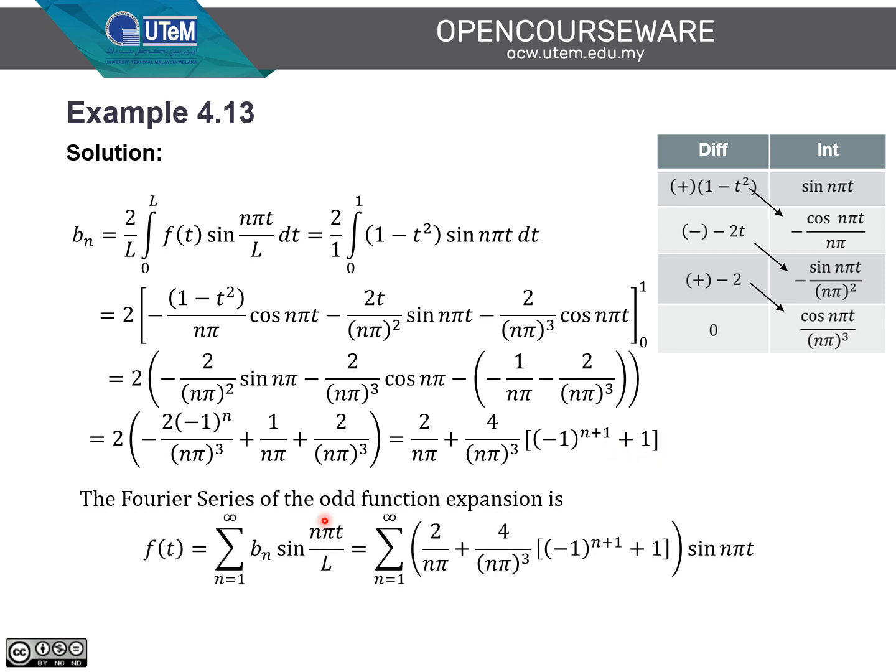Lastly, we substitute the Fourier coefficient bn into the formula and we obtain the solution of f(t) equals the summation of (2 over n pi plus 4 over n pi cubed multiplied by (negative 1 to the power of n plus 1, plus 1)) multiplied by sin(n pi t), and the summation is from n equals 1 to infinity.